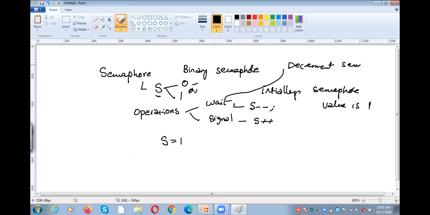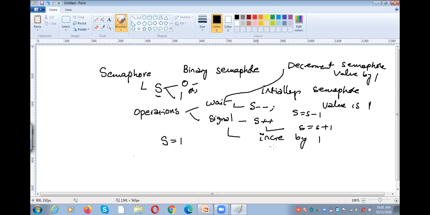Signal means incrementing the semaphore value by 1. S minus minus means S equals S minus 1. S plus plus means S equals S plus 1.